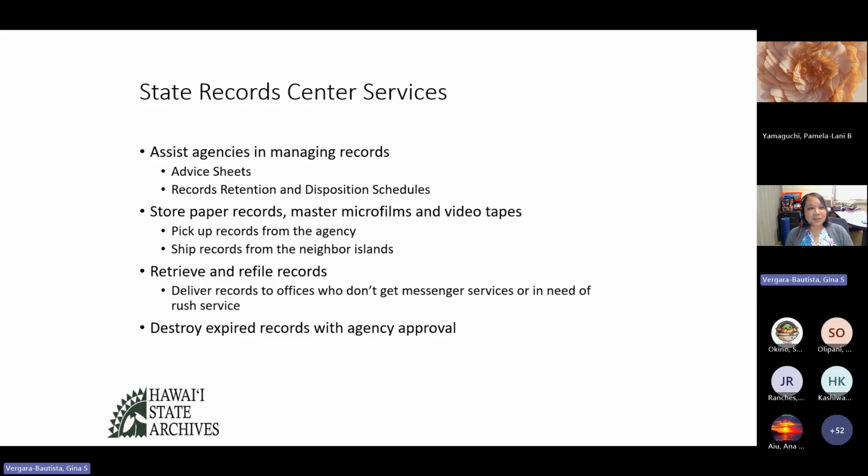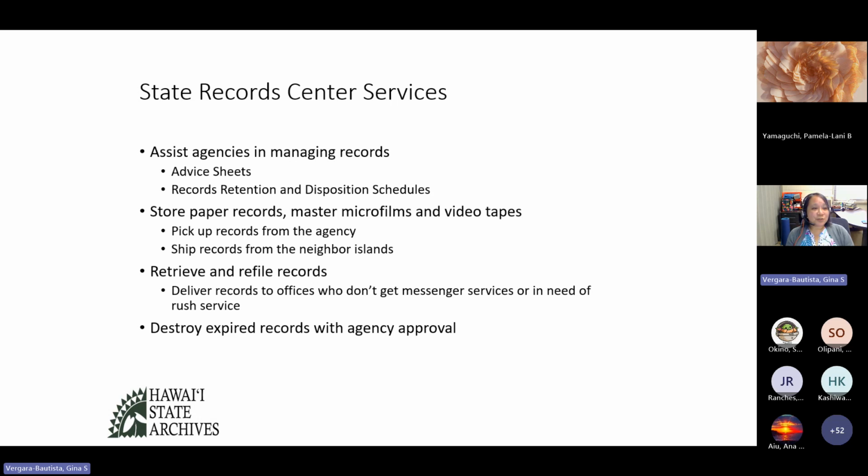For neighbor island folks, that requires you to have a contact here on Oahu. For example, DLIR, DCD. What happens is the Maui folks will turn in a request. We will send the requested material to the Honolulu office, and the Honolulu office will forward the information to them.